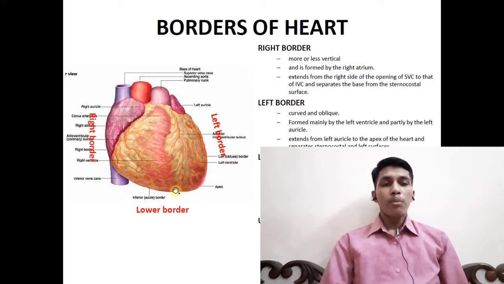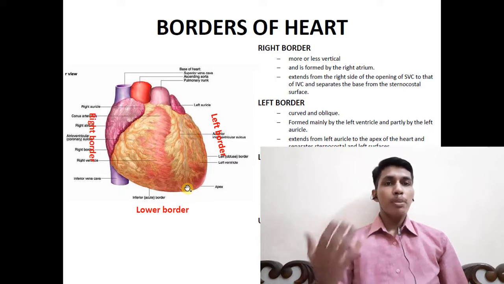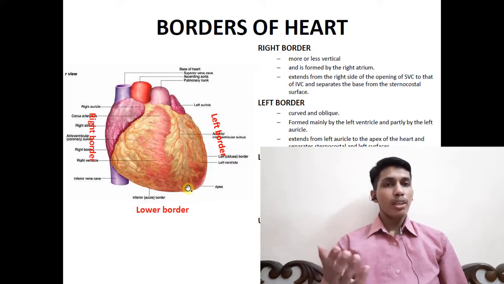This inferior border separates the sternocostal surface or anterior surface of the heart from the diaphragmatic surface or inferior surface of the heart. One special thing is that in the inferior border, towards the apex, there lies a structure known as incisura apicis cordis. We will learn further detail about it in next videos.